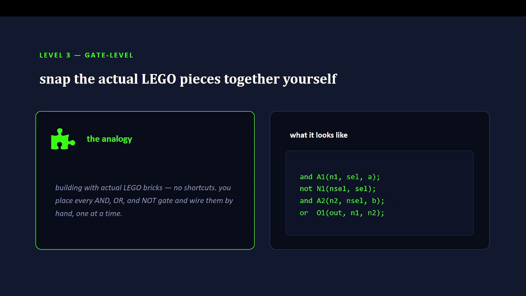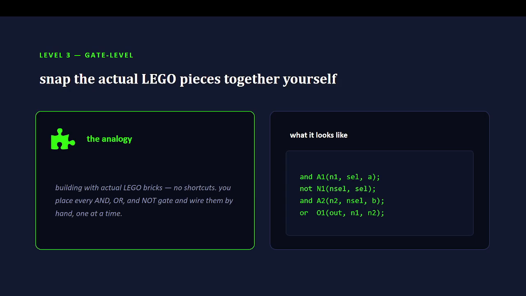Now we are getting real gate level modeling. Imagine you have got an actual breadboard in front of you, and instead of wiring an equation, you physically grab a 7408 chip. That is your quad AND gate IC, and a 7432 chip. That is your OR gate IC.